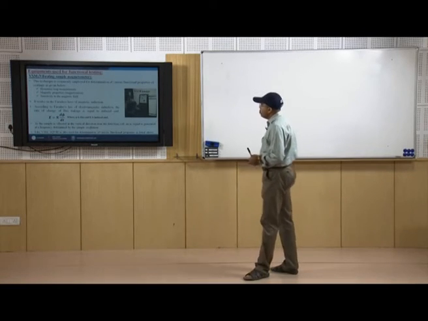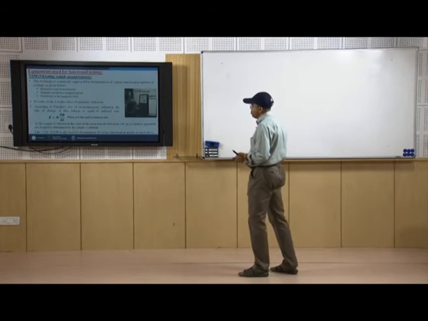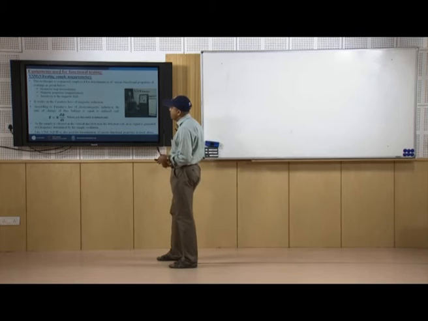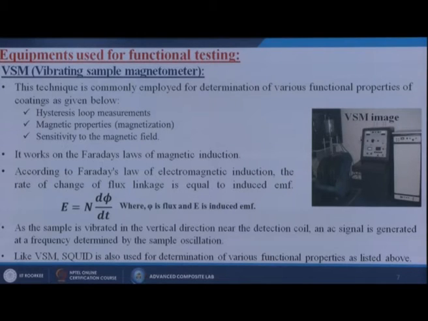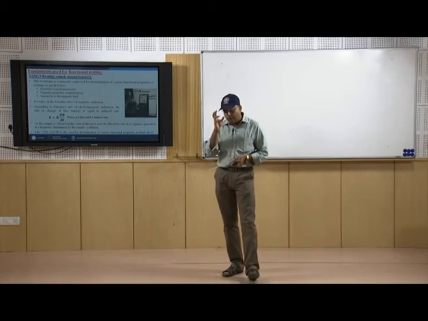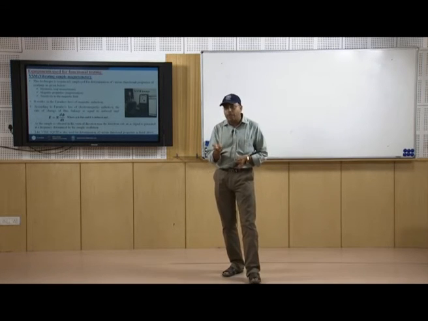Next we are going to use some functional testing. The first functional test is known as VSM, which is nothing but the vibrating sample magnetometer. In this case we are trying to measure whether our material is magnetic or non-magnetic, or when I am doing some kind of coating, whether it will show some magnetic properties or not.